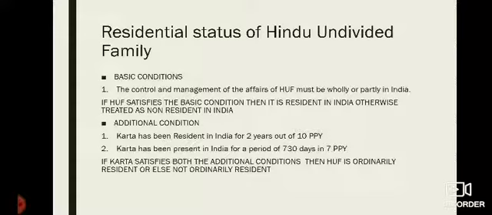First additional condition is Karta has been resident in India for 2 years out of 10 preceding previous years. Second, Karta has been resident in India for a period of 730 days in 7 preceding previous years.